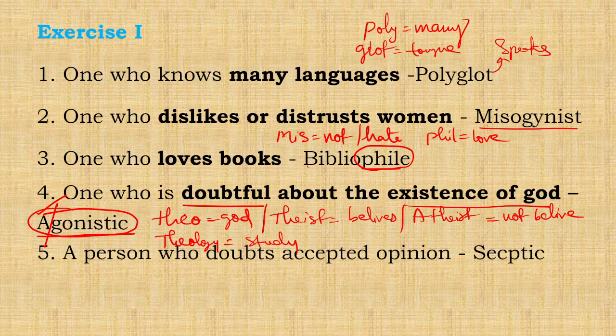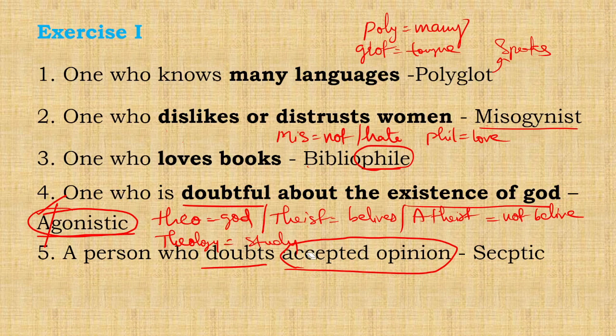Next, let us go to the next word. A person who doubts accepted opinions. Whatever opinions are already accepted by society, this fellow doubts that acceptance. Let us say you believe that you should not go out of the home on certain days.